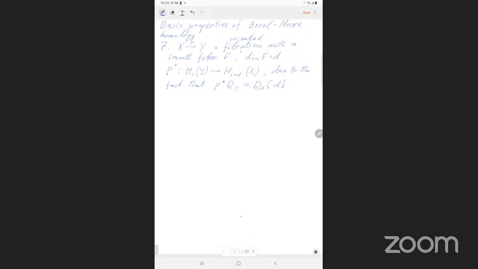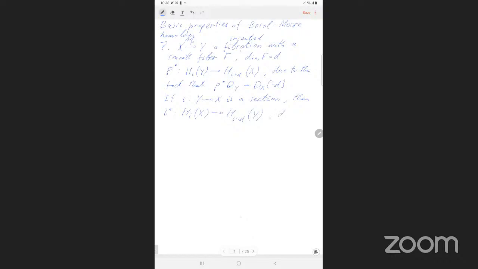And conversely, if i is a section of this bundle, then we have the pullback morphism with respect to this section, i upper star from the ith homology of X to the homology of Y, and now the shift is in the opposite direction.